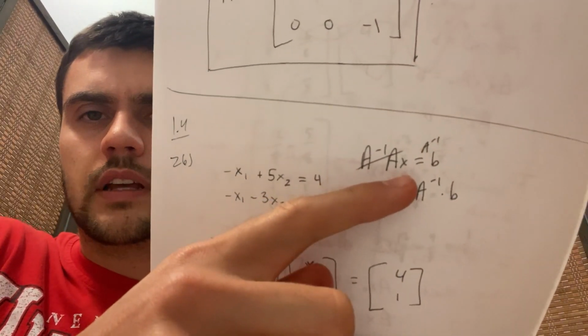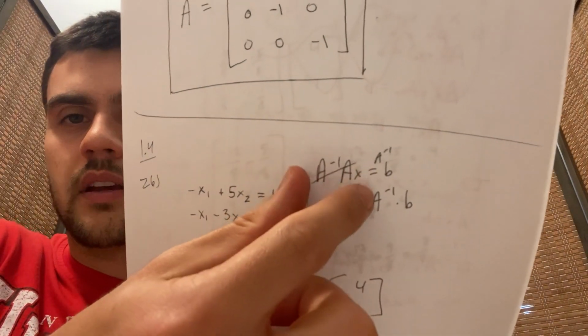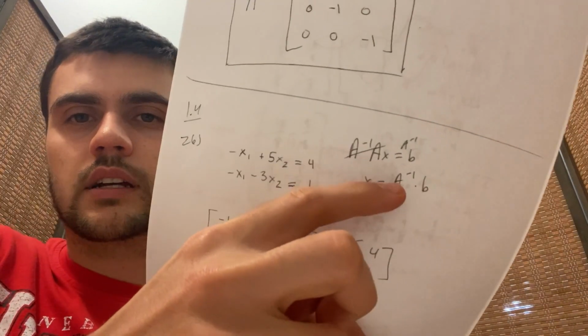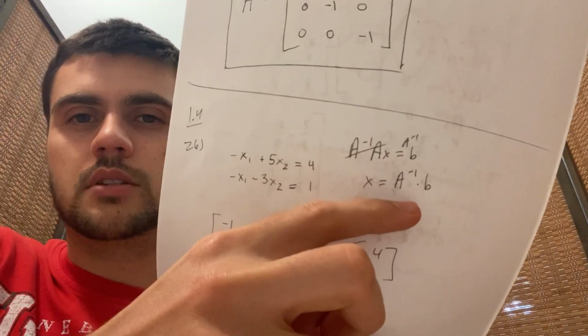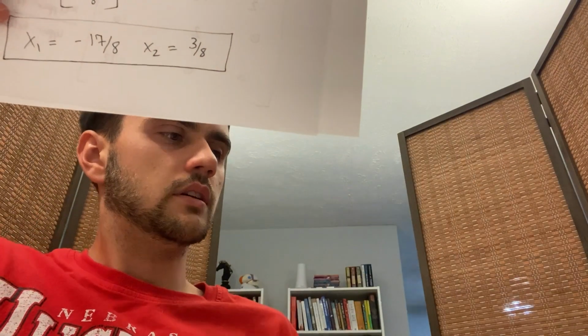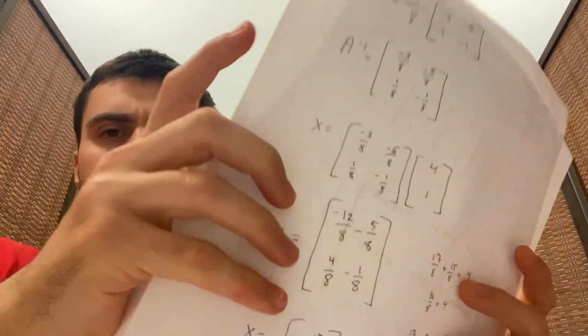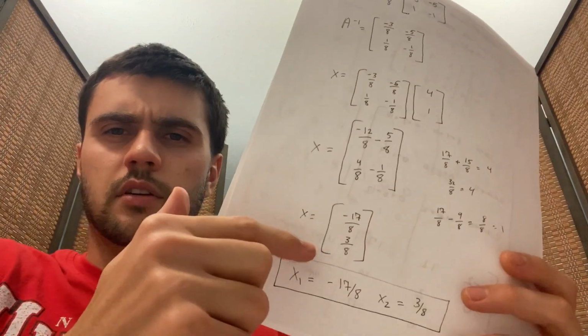I remembered that AX equals B, and multiply both sides by the inverse of A on the left. So you get X equals the inverse of A times B. So first you have to find the inverse of A. There it is. And then you multiply that by B, and there are the solutions.